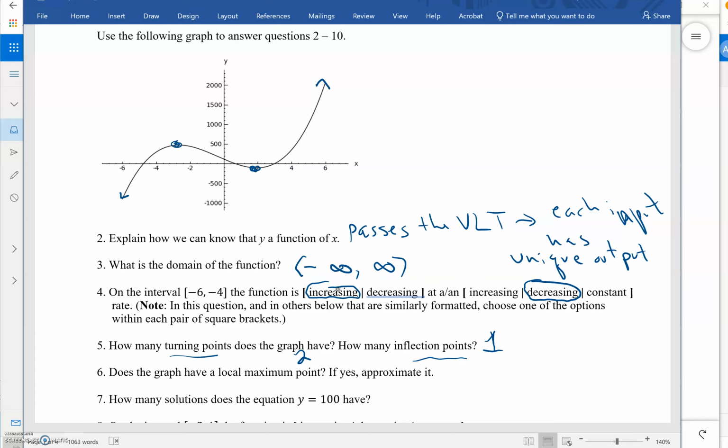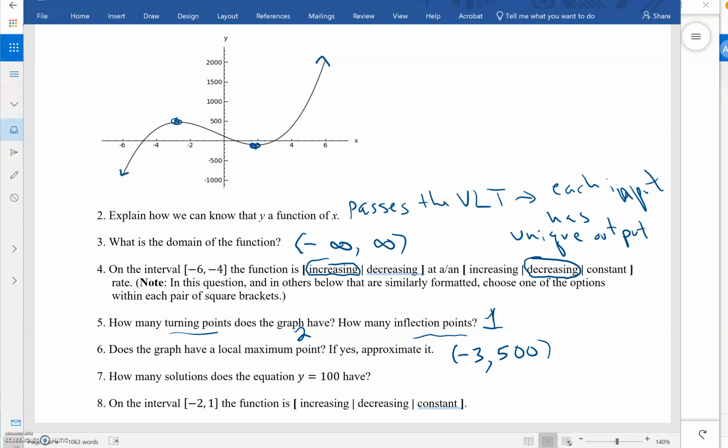That looks to be at about the height 500. So let's call it -3, 500 as the coordinates of that point. Remember, this is an approximation.